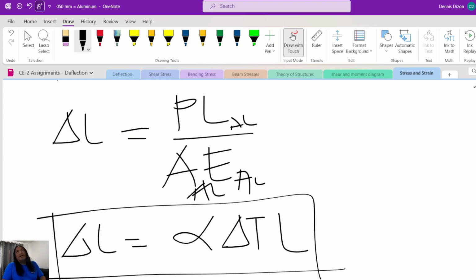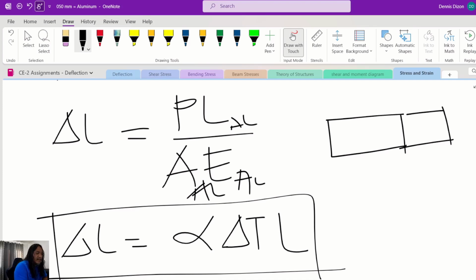So this is in real life application. For example, you might have noticed this in a bridge deck. In a bridge deck, you have this deck here, and then there will be another, say, concrete deck.